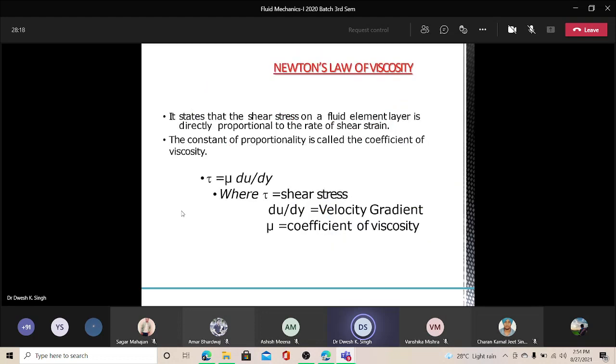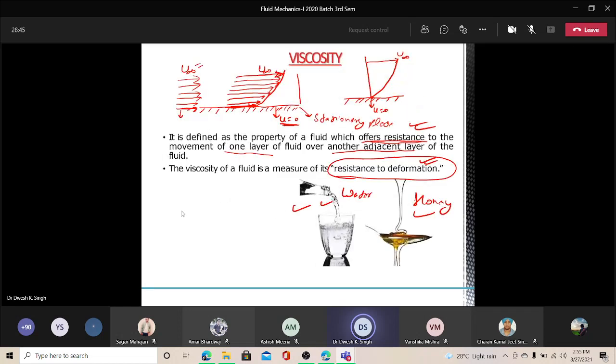Then comes a law called Newton's law of viscosity. Basically, Newton's law tells us that the shear stress is proportional to the velocity gradient. This is also called the deformation rate, with respect to y. Here I have drawn a diagram.